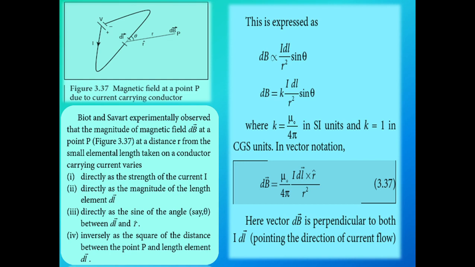Next, to remove the proportionality, we can add a proportionality constant, which is k. So dB is equal to k I dl divided by r square into sin theta.